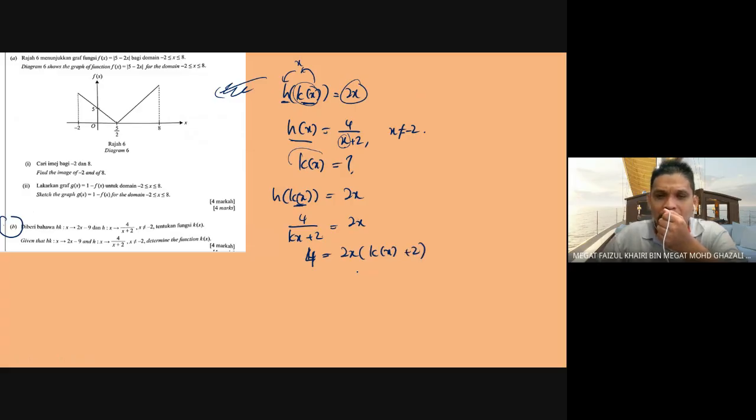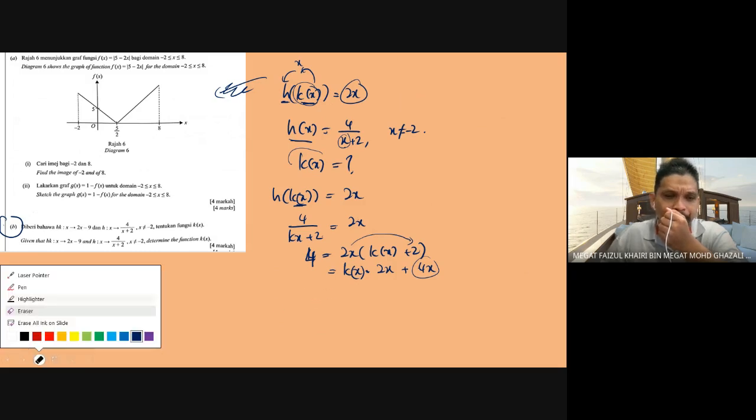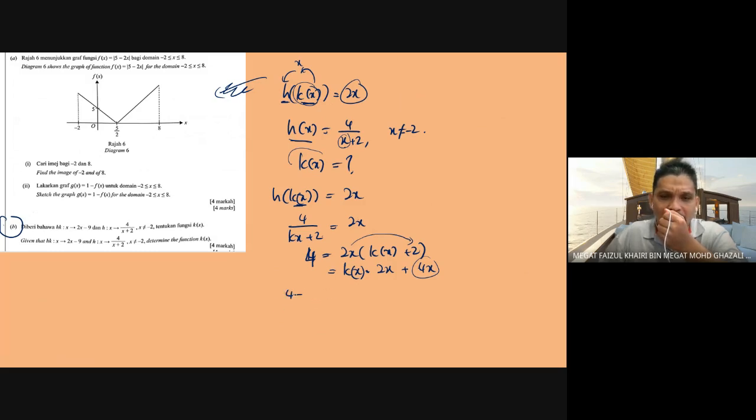Okay, so now we get k(x) multiplied with 2x plus 2x times 2 equal to 4. So 4x joins up with the 4 on the left side, it becomes 4 minus 4x. Sorry. It is 4 minus 4x equal to 2x times k(x).